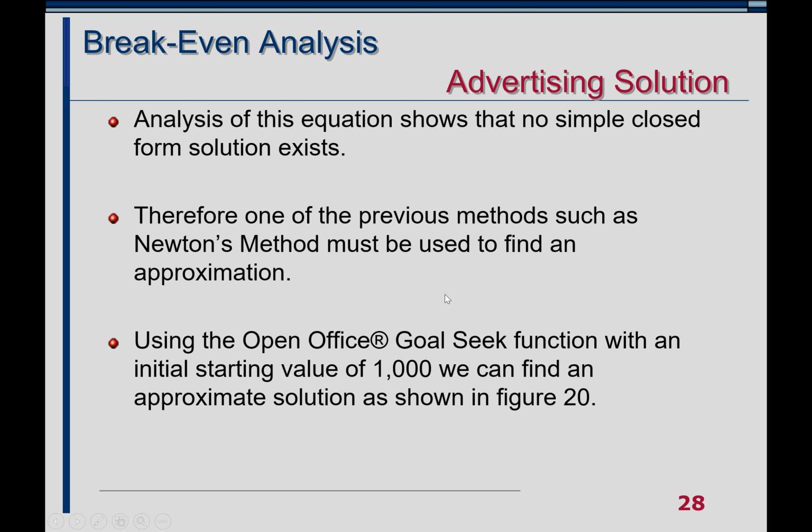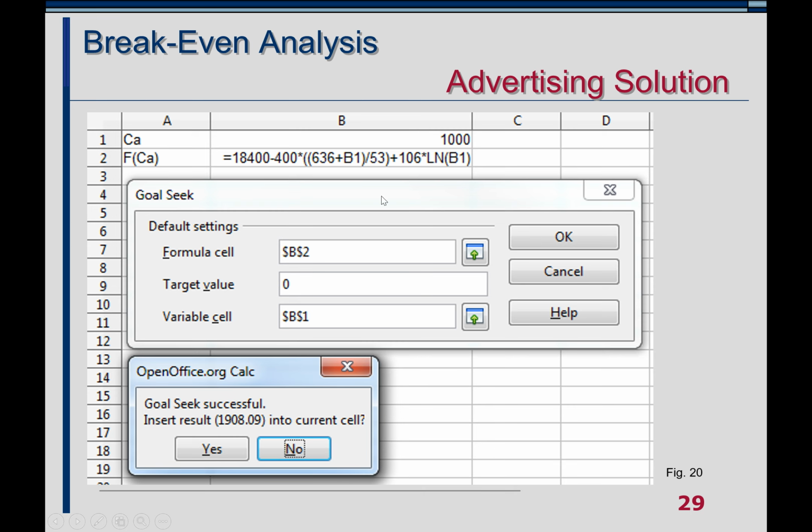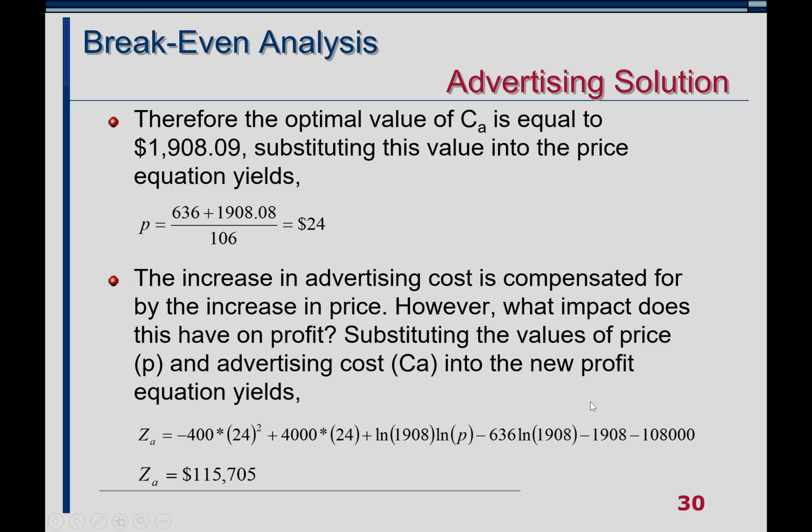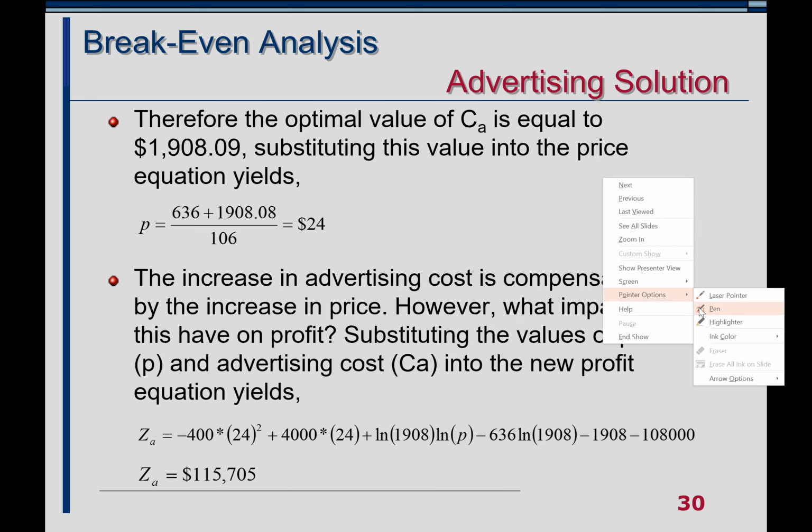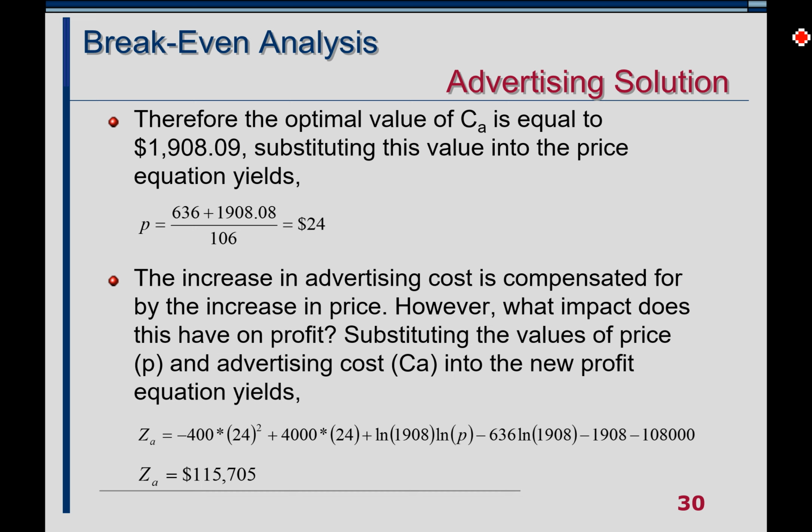So I said let's put a starting value of 1,000. Find the approximate solution. This is how you would do it in OpenOffice. Get about 1908. So that means I need to spend $1,908 on advertising. And then how much should I set my price?